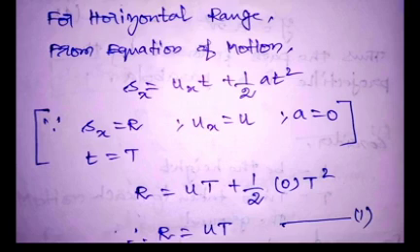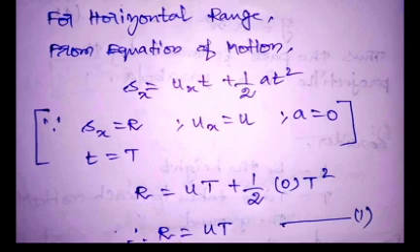Since S of x equal to R and u of x equal to u and a equal to 0, and small t is converted into capital T, substituting all the values in the above equation, we get R equal to u into capital T plus half into 0 into capital T square.